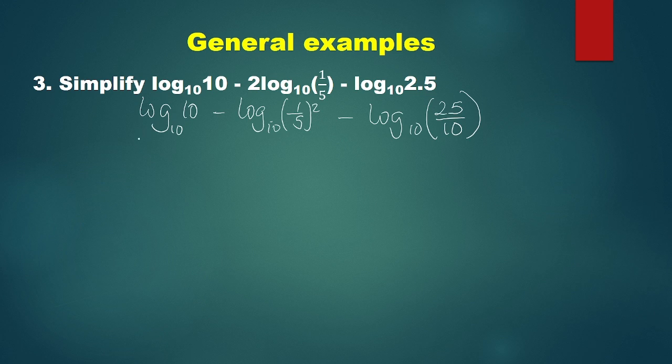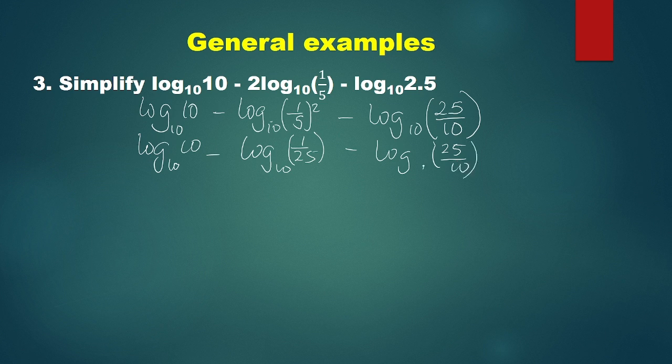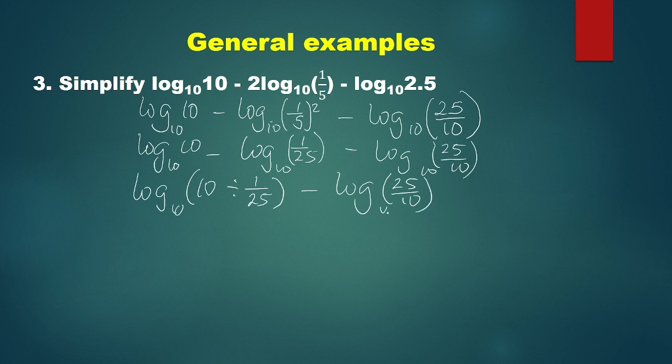If I join these together, I will have log 10 in base 10 minus log 1 over 25, because 1 over 5 squared is 1 over 25 in base 10 minus log 25 over 10 in base 10. If I join this, it simply gives me log 10 divided by 1 over 25 in base 10 minus log 25 over 10 in base 10.